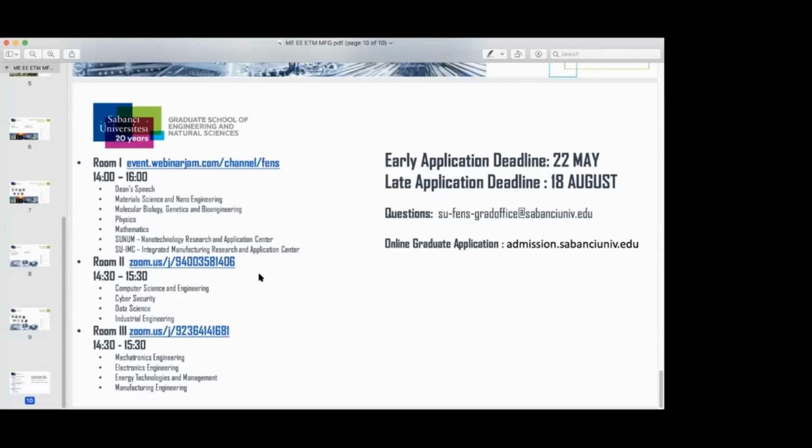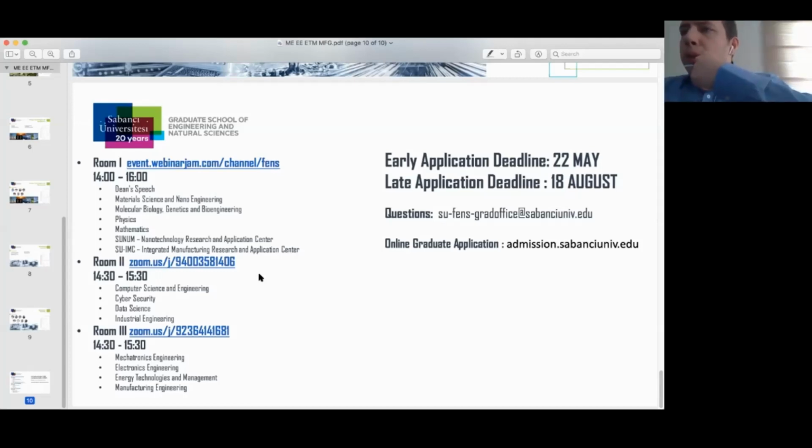There's a question for the electronics engineering program, but it may apply to other programs as well. Will the interview be by the professor mentioned in the application form, or by the whole committee members? No, I think the interviews are typically done by committee members in general, not by a specific person.